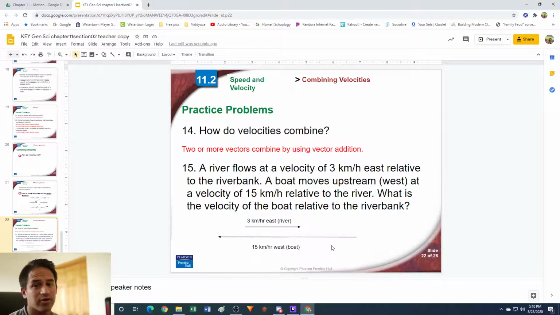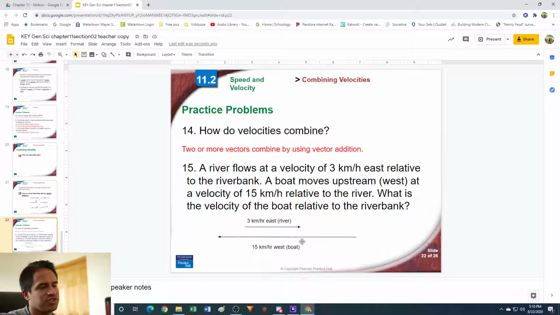Okay, but remember, it's moving upstream. So there's a river that is pushing against it, which is going to slow it down. And even though the boat captain, if he looks at his little speedometer on his boat, it might say 15 kilometers per hour, for people that are on the shoreline watching this boat try to go up the river, upstream, the boat's going to look like it's going slower, right? Because the river is going to be slowing it down.